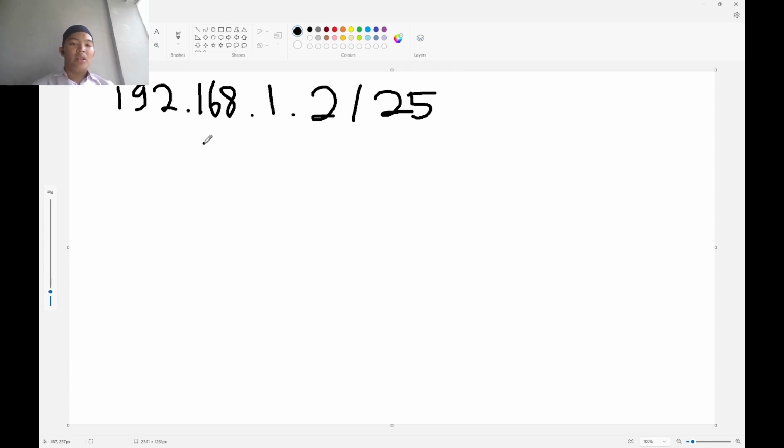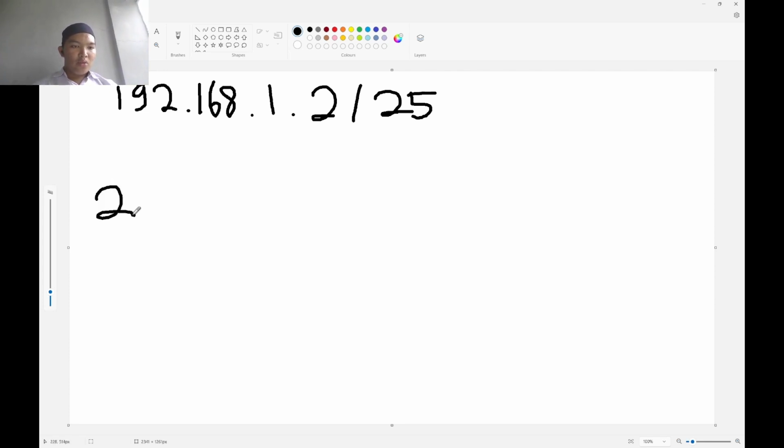Okay, how to subnet this IP? The main thing is the prefix, we have to look at the prefix. The prefix is 25. So this is the tutorial on how to count it.